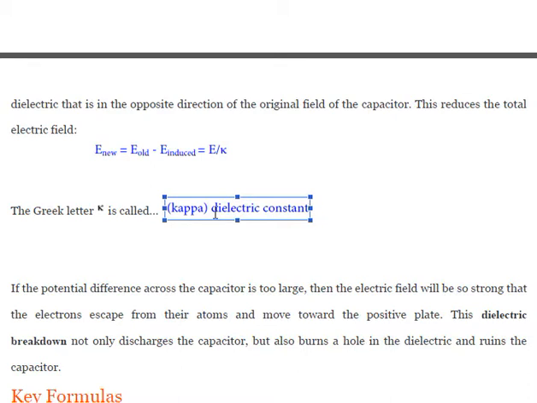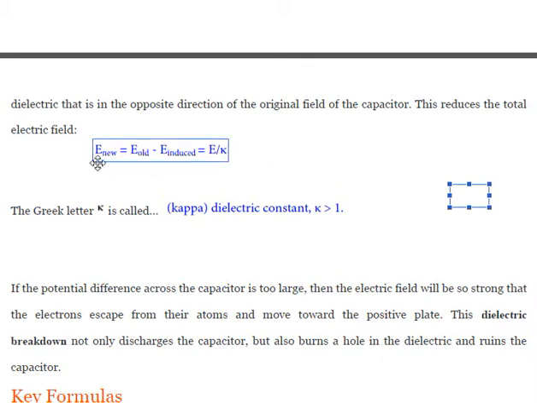And every material is going to have its own, but what they all have in common is that the dielectric constant is bigger than 1. So really, it's just a ratio of electric fields.